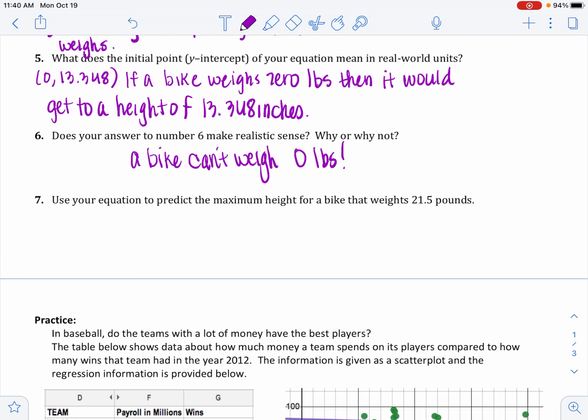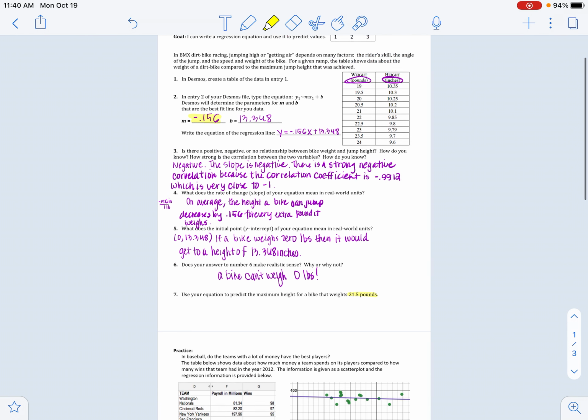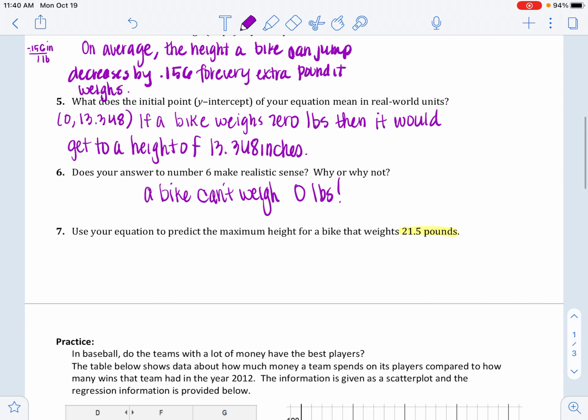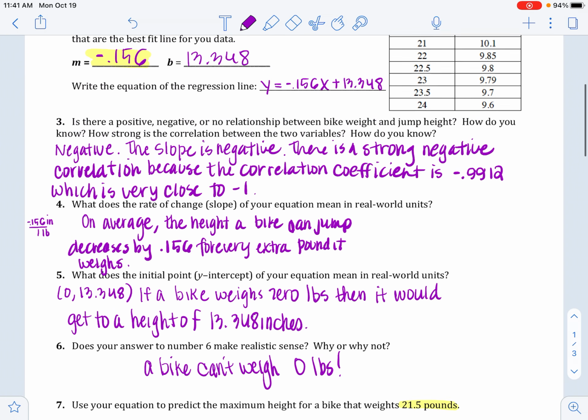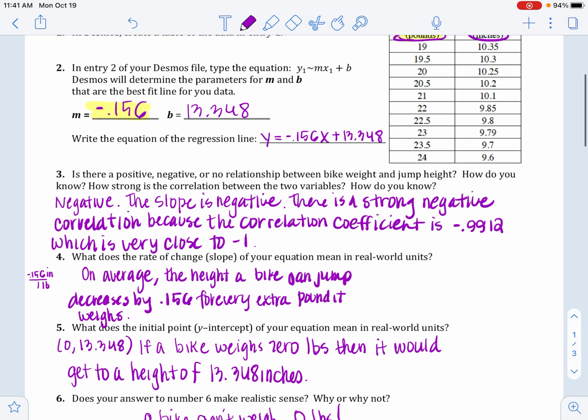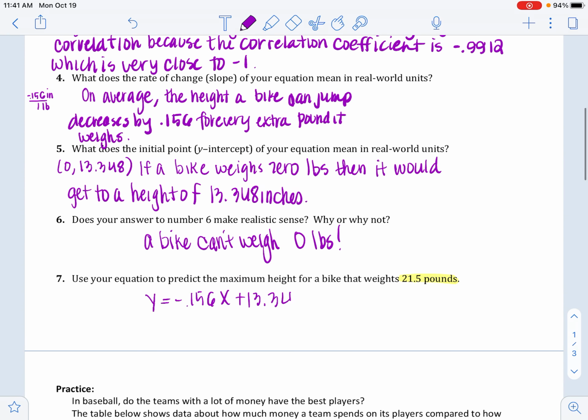All right, 7 says use your equation to predict the maximum height for a bike that weighs 21.5 pounds. So the first thing you want to do is say, I gave you a value. Did I give you an X value or a Y value? 21.5 pounds is an X value. So I gave you an X value. You want to find a Y value. So we're going to use the equation Y equals negative 0.156x plus 13.348.